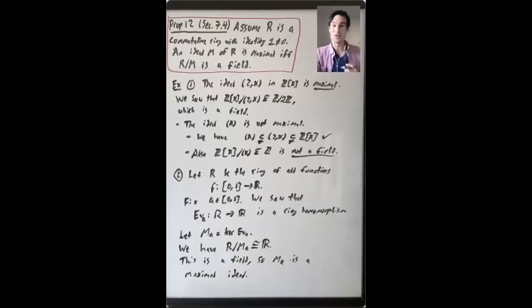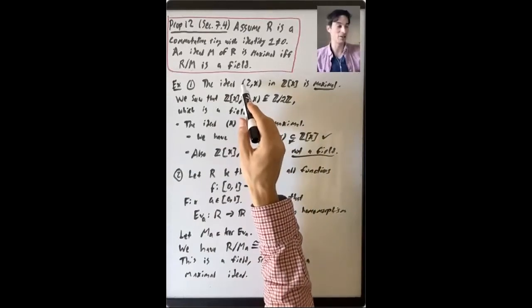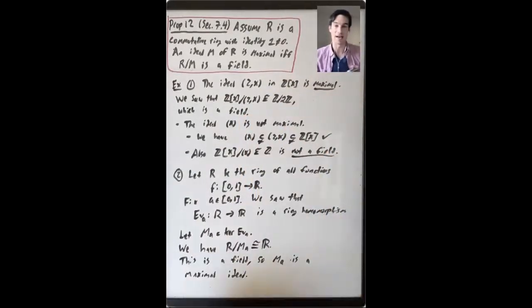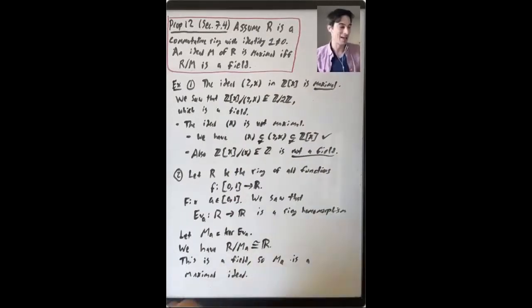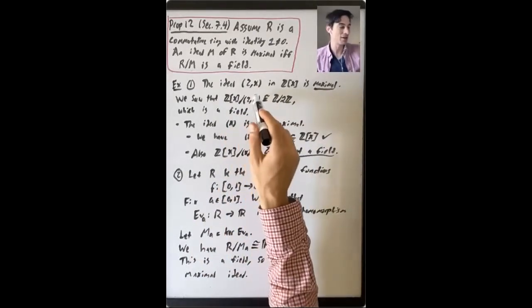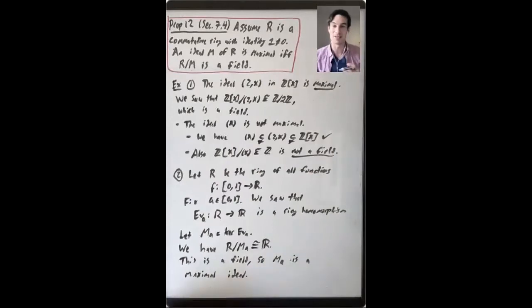Let's now give 2 quick examples to show how to apply this proposition to check whether or not an ideal is a maximal ideal. Let's first consider the ideal generated by 2 and x in Z[x]. This is a maximal ideal. Why? Well, we saw in each of the last 2 lectures that Z[x] modulo this ideal is isomorphic to Z mod 2Z.